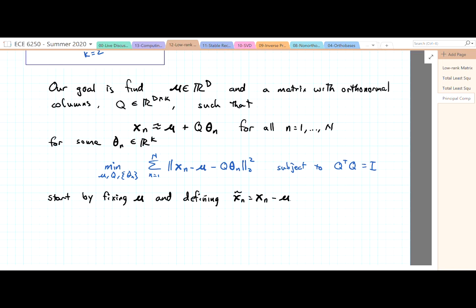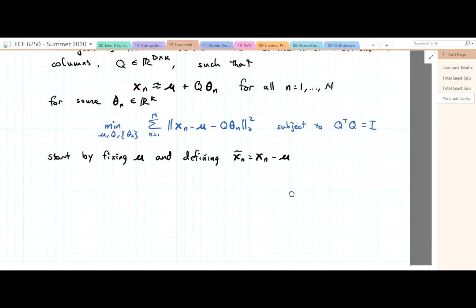Okay, so once we have this, then the problem gets a little bit easier. In fact, let's do a couple more things at once. Now we're just minimizing the difference between x tilde of n and Q theta of n.